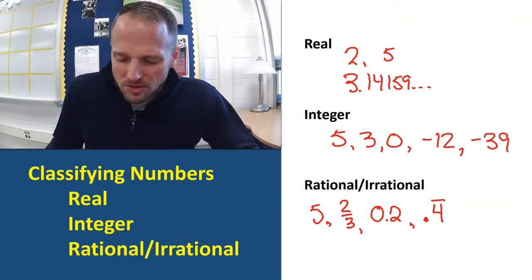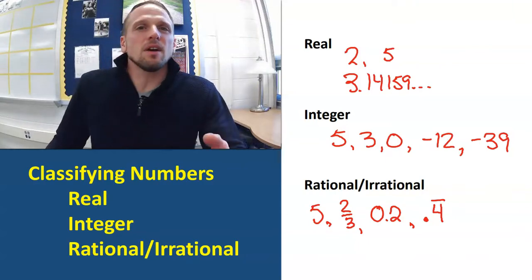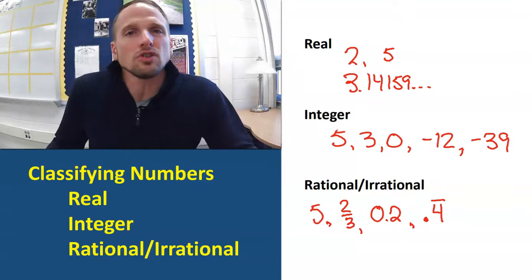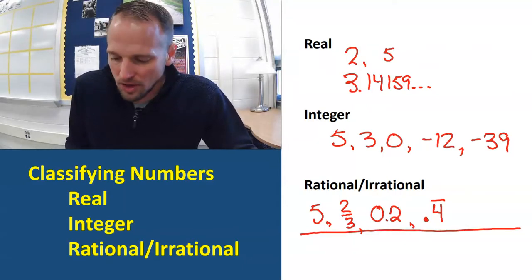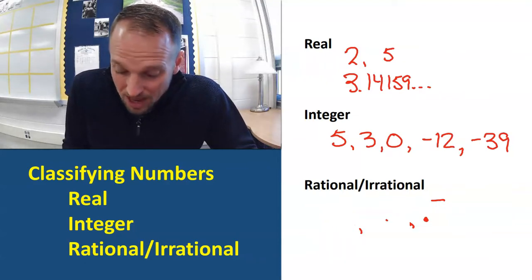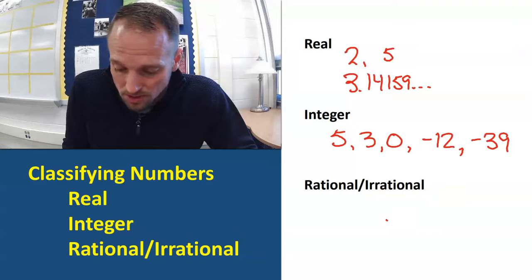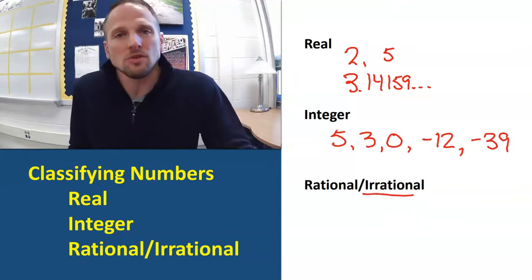So rational numbers can be kind of tricky to spot. Instead of focusing on rational, why don't I show you an irrational number? Okay? Irrational numbers. So I'm going to erase these rational numbers. By the way, every integer is a rational number. Okay? Let's just look at irrational numbers now.